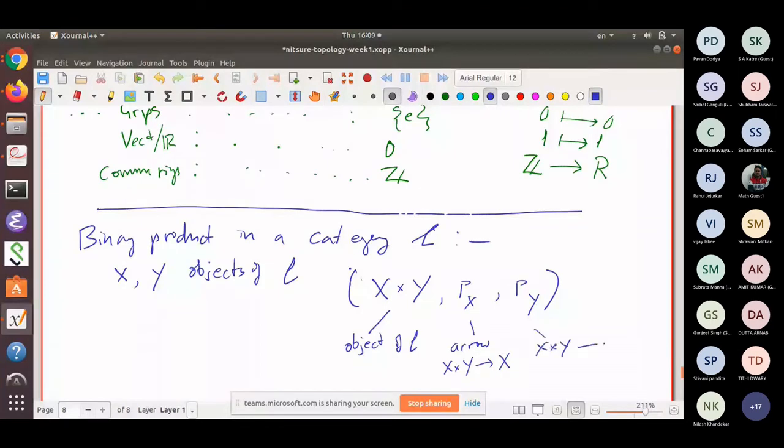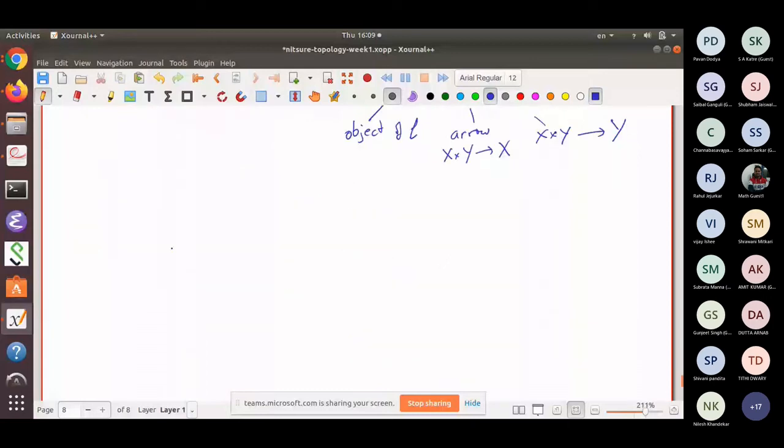And it should have a universal property. The property is this: I have this X cross Y with Px and Py.